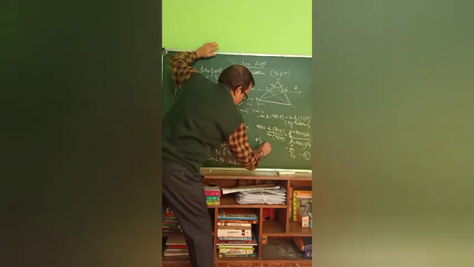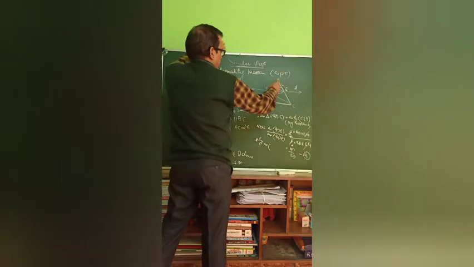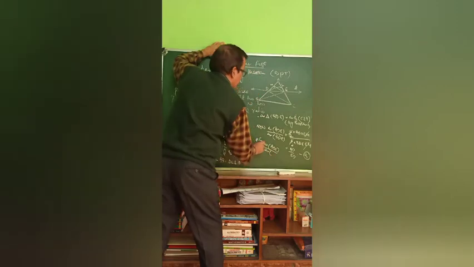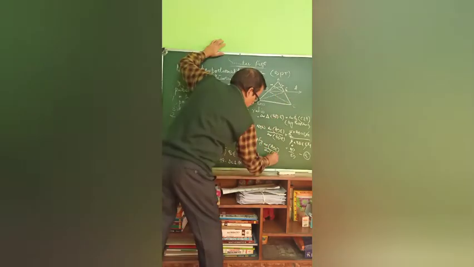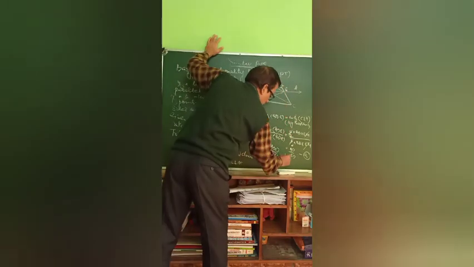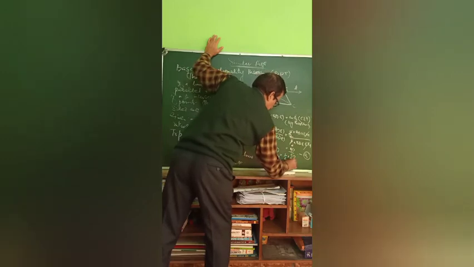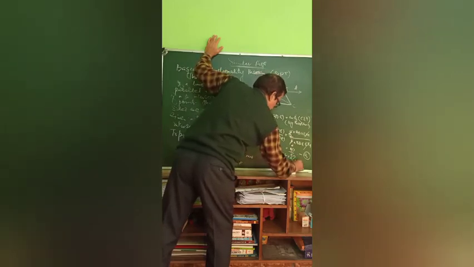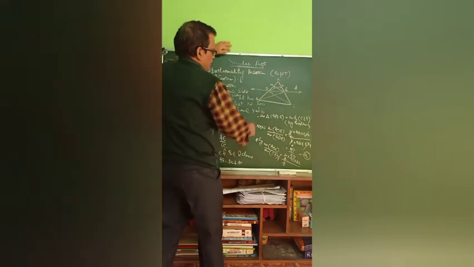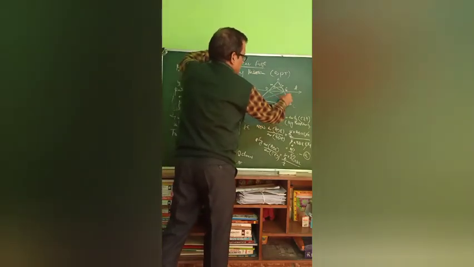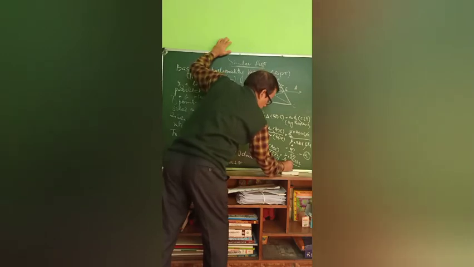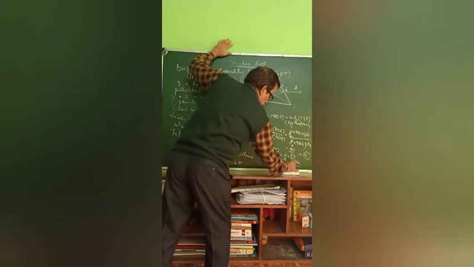Similarly, area of ADE upon area of CED is equal to half base, that is AE into DL, half of AE into DL, upon half of EC, where EC is the base and DL is the altitude, half EC into DL.